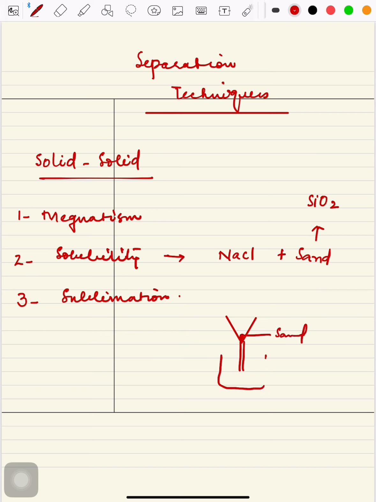At the bottom, it is the NaCl solution, which is called the filtrate. When I teach you the topic of filtration, inshallah, I will discuss this as well. The thing at the top of the filter paper is called the residue. Okay, so now we can separate the two.